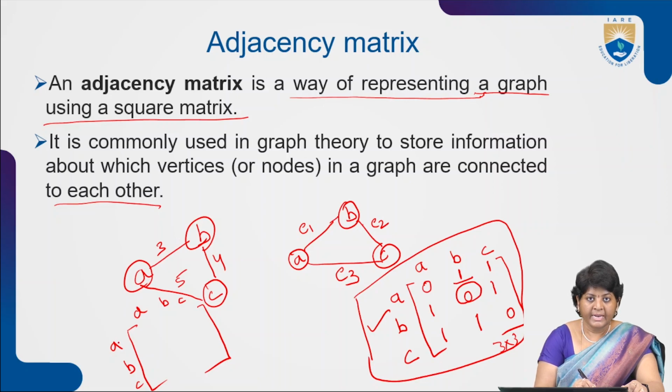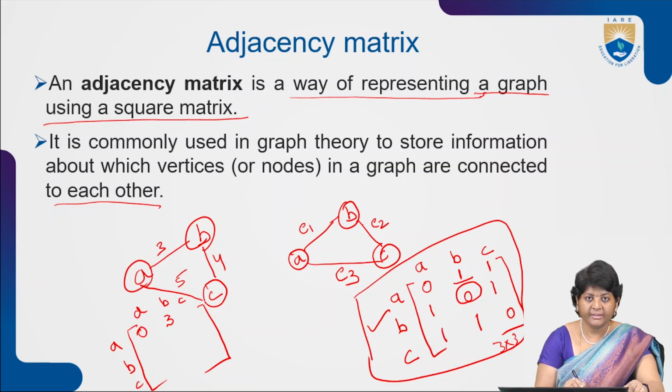Here A to A, there is no loop, so it is 0. A to B, the given weight is 3. So we will represent it with the weight. The square matrix now is filled with the weight given or the weight assigned.